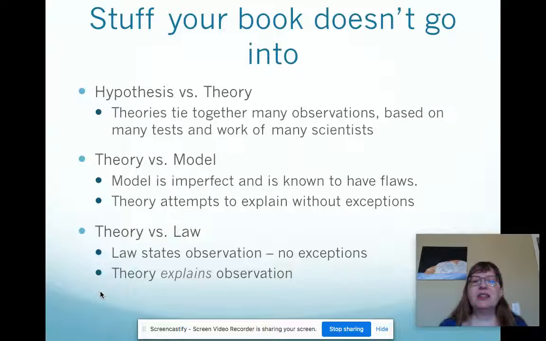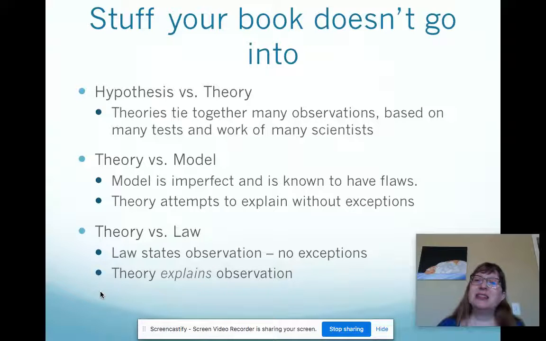So a hypothesis is really focusing on just limited observations, maybe just for a particular circumstance, whereas a theory is really trying to tie together many, many observations, usually made over many, many experiments, and often by many scientists. And so there's a lot of work and study and experimentation that has already gone into the theory.